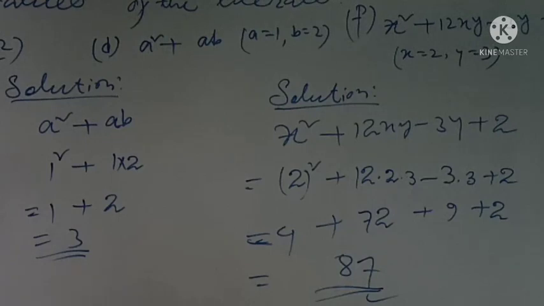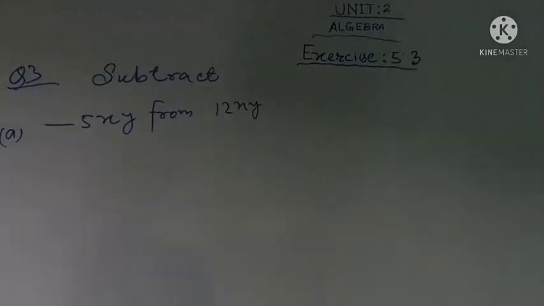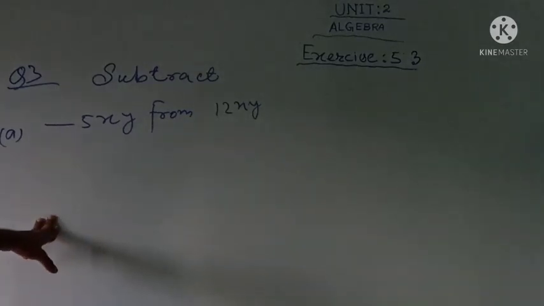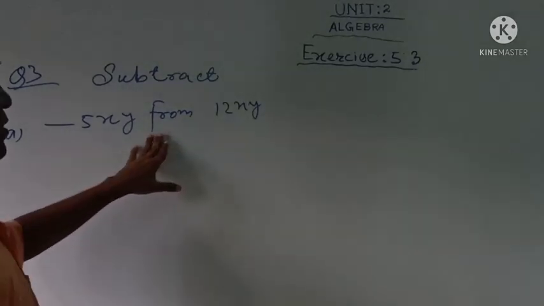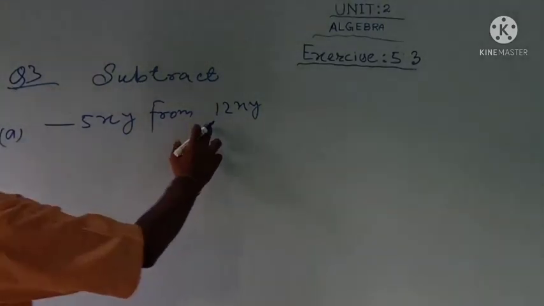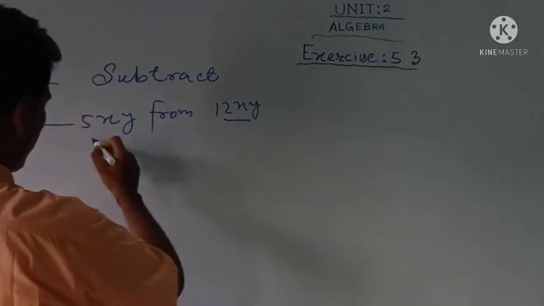Now we'll go to the next question, that is question number 3. Well children, let us proceed to question number 3, that is subtract. Sub-question A: subtract minus 5xy from 12xy. From 12xy you have to subtract this.